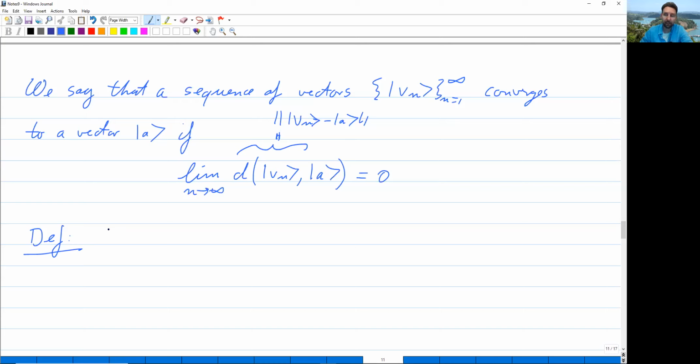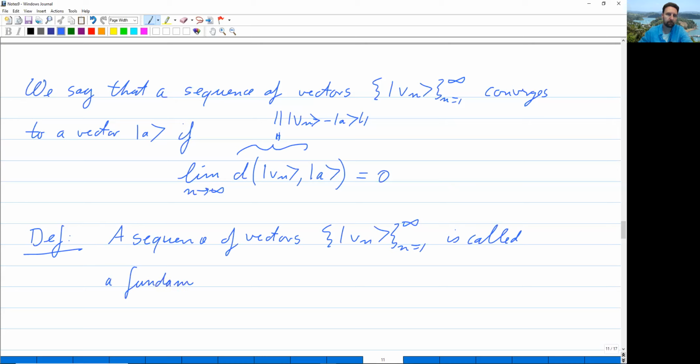So we define that a sequence of vectors Vn, n equal 1 to infinity, is called a fundamental sequence, or it's also called a Cauchy sequence.